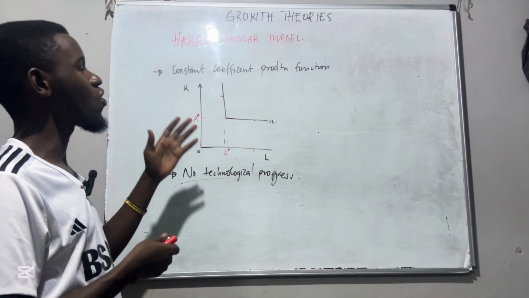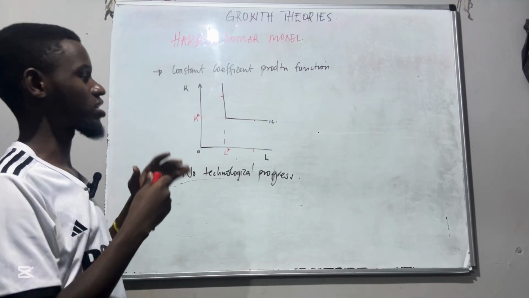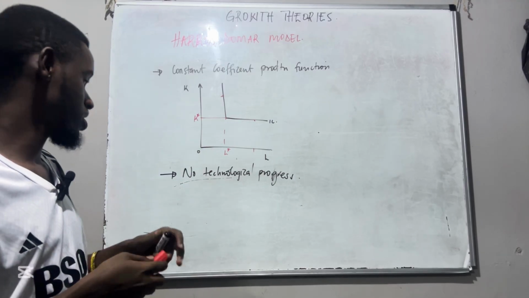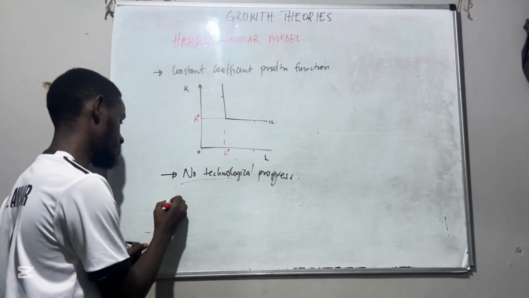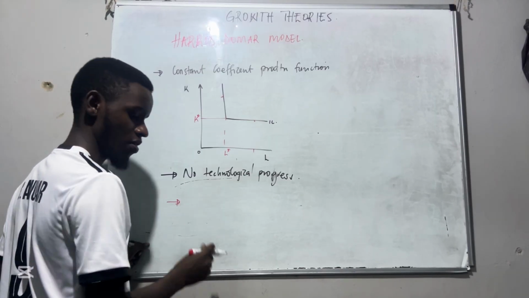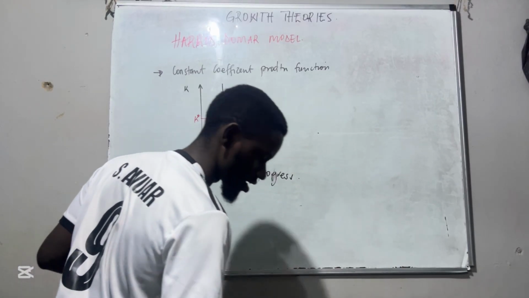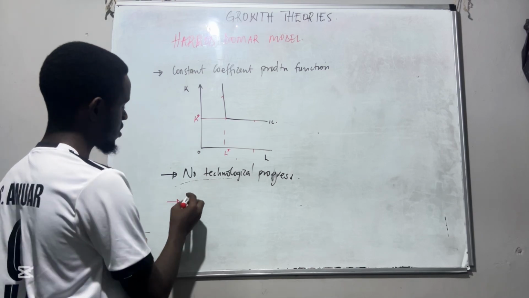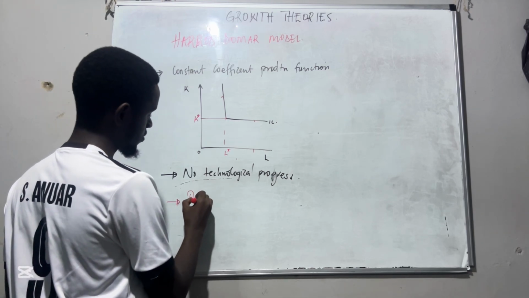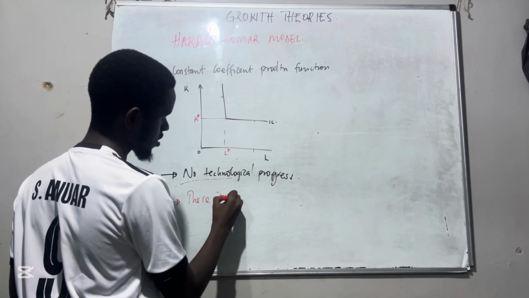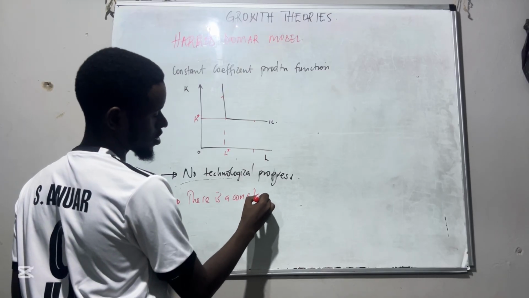Therefore, we assume that all concepts in the production process are constants. That's why we have no technological progress. And lastly, it assumes that there is a constant saving rate.